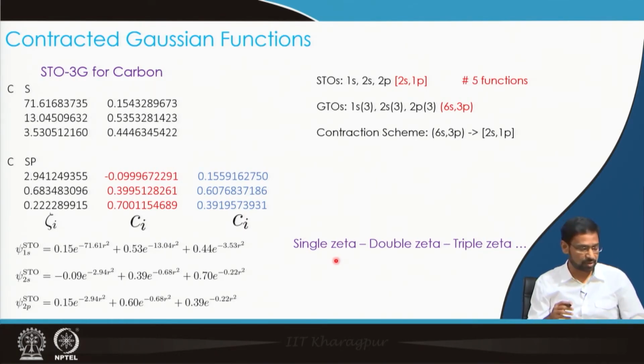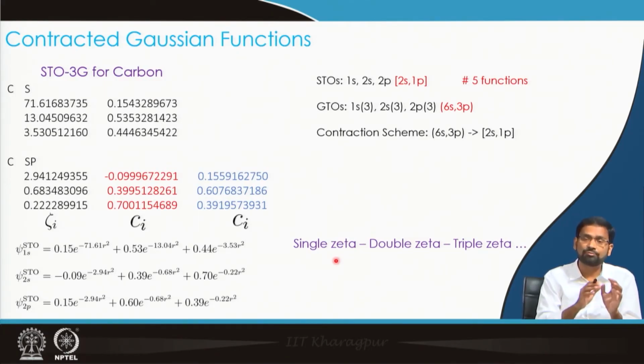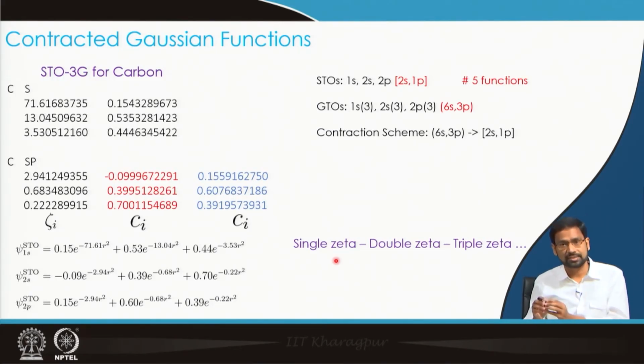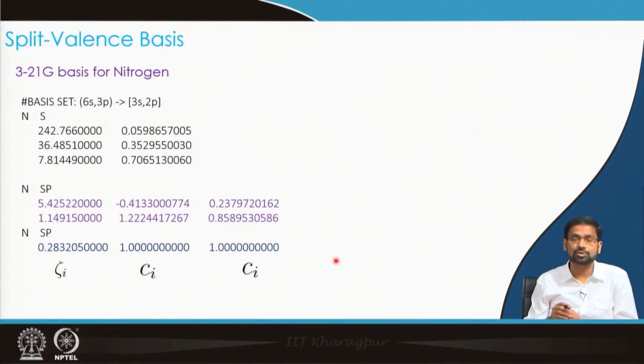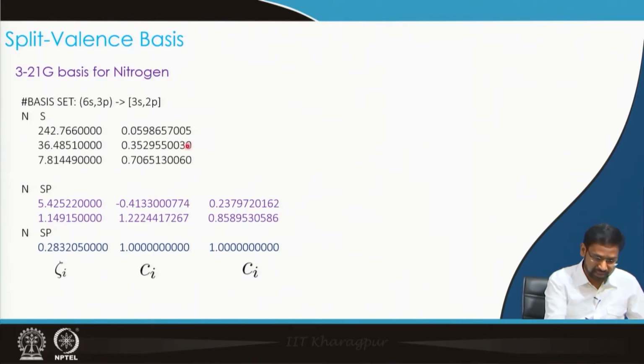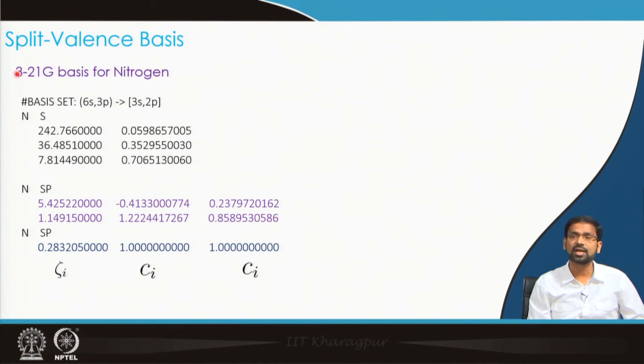So therefore, what was proposed is, let us split the core from the valence. Consider the core electrons separately and the valence electrons separately, and this gave rise to the idea of the so-called split valence basis.